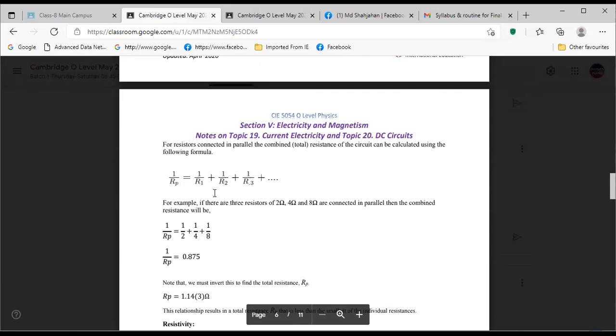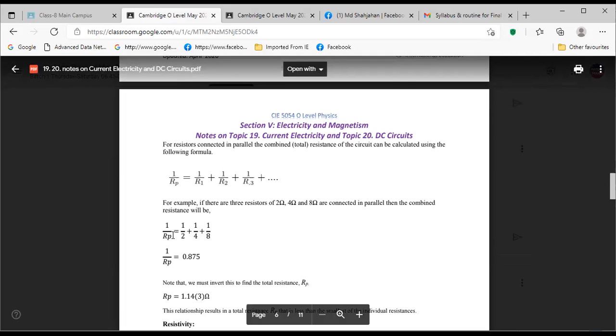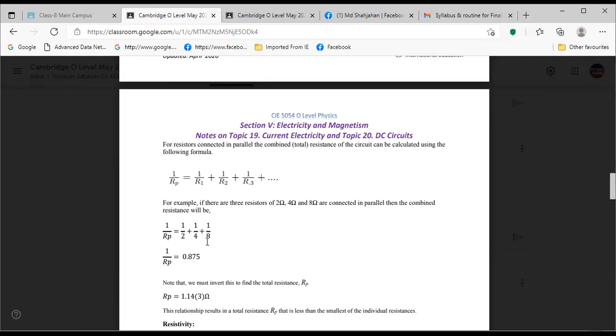Now calculation. For parallel combination, resistance can be calculated using this formula. Rp is the total resistance of the circuit. So 1/Rp = 1/R1 + 1/R2 + 1/R3. You will write the formula. For example, if we have three resistors, 2, 4, 8 ohms connected in parallel, then their combined resistance will be 1/2 + 1/4 + 1/8.